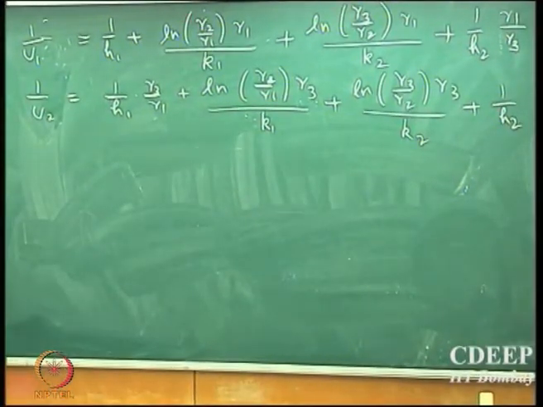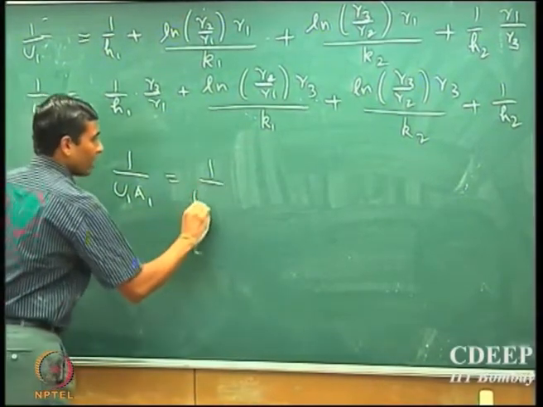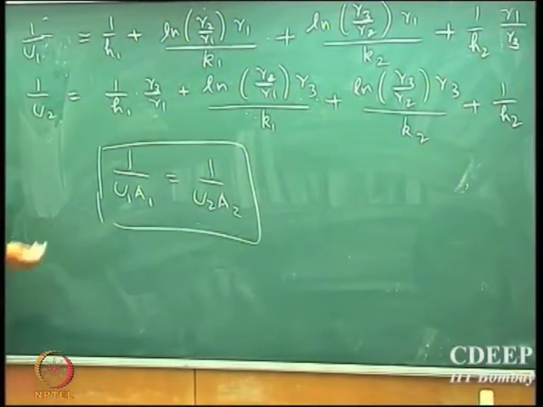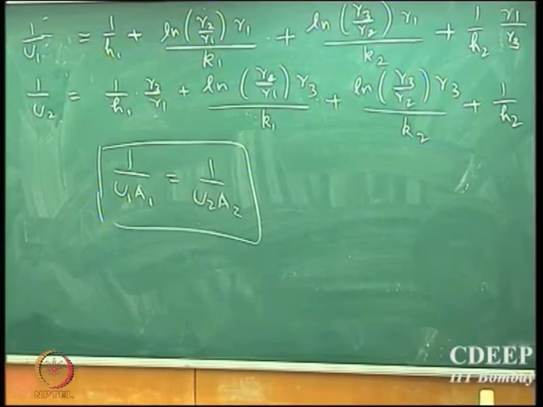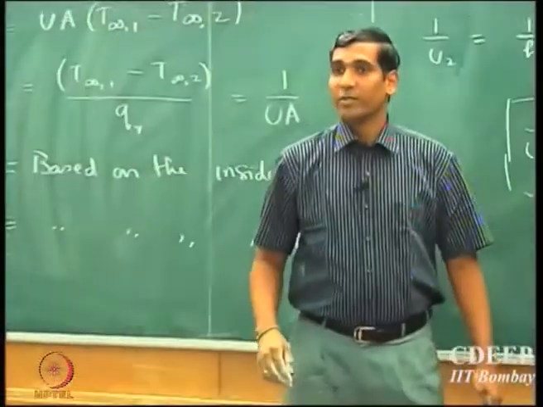Which clearly means that 1 by U1 A1 should be equal to 1 by U2 A2. That is obviously something you can intuit from the way it has been defined. Any questions on this so far?